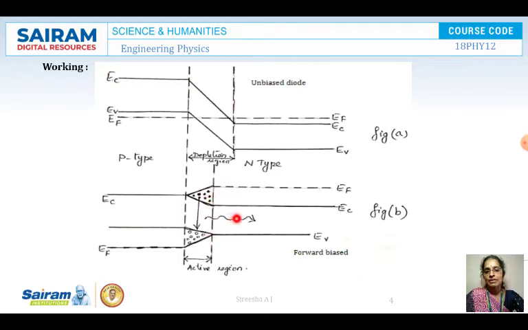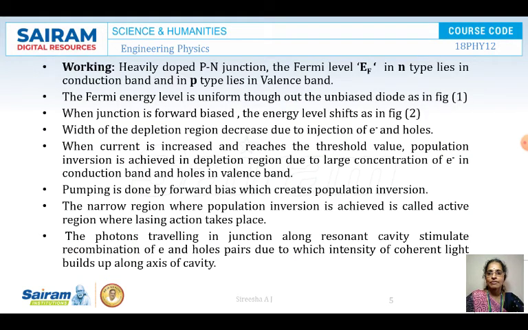The same characteristics as the incident photon are taken over. Electrons in the higher energy state combine with holes in the lower energy state, leading to stimulated emission. This is the principle involved and the working of it.